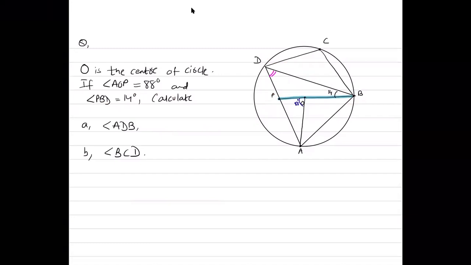ADB, यानी कि ये वाला एंगल। सही है। तो सबसे पहले, अगर ये एंगल 88 है तो ये एंगल हो जाएगा 180 माइनस 88। अगर ये पूरा एंगल 180 था, ये 88 है, तो ये वाला एंगल कितना हो जाएगा? 92। इफ दिस एंगल इज 92, अब ये वाला एंगल जो है वो है AOB, एंगल एट द सेंटर, और ADB है एंगल एट द सर्कमफ्रेंस, क्योंकि सेम कॉर्ड है AB। So angle at the circumference is what as compared to angle at the center?